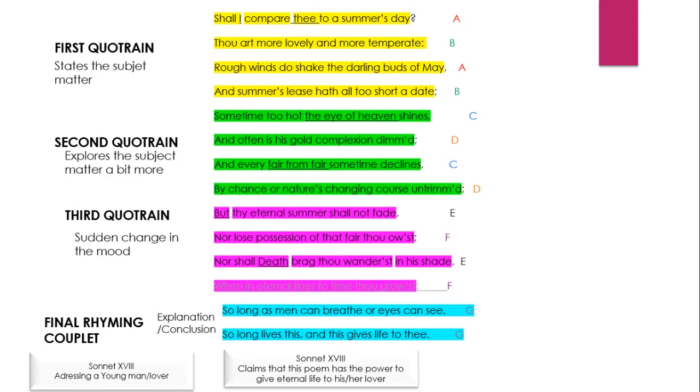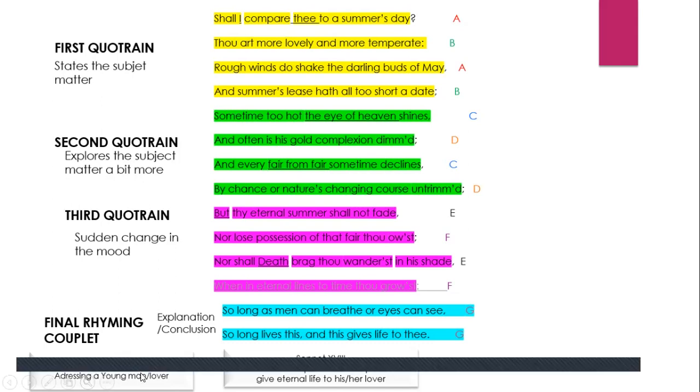In the third quatrain, we find a sudden change in the mood of the story that is being told, and the final rhyming couplet is where we have an explanation of the topic that was developed, and a conclusion. This is a sonnet that is addressing a young man or lover. We don't know. And let's dive into the explanation.